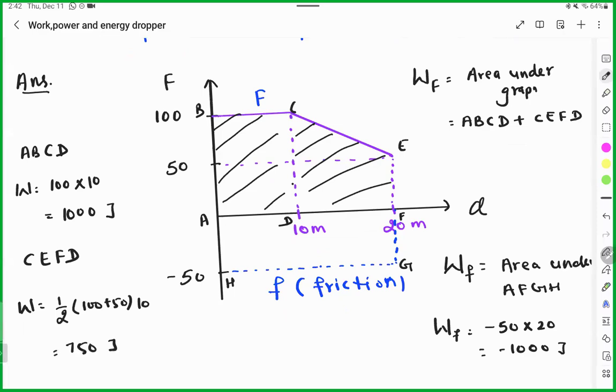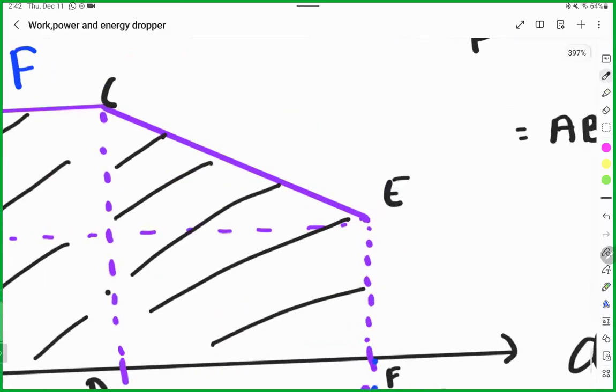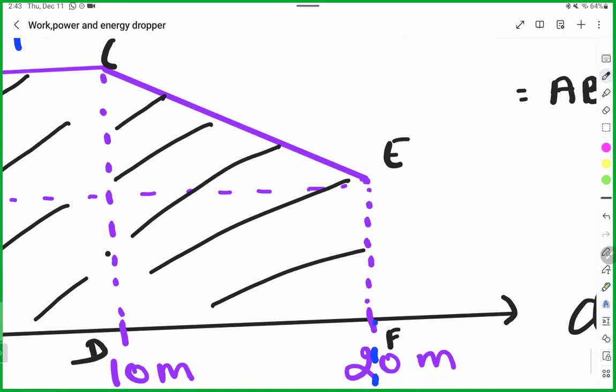And if you don't understand this, you can calculate this trapezium separately. First you take the lower rectangle, then you take the upper triangle. Add them, you will get the answer. How to calculate the area of this? This is 50. This one is 10.